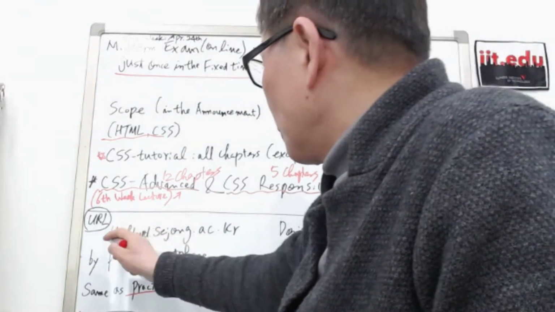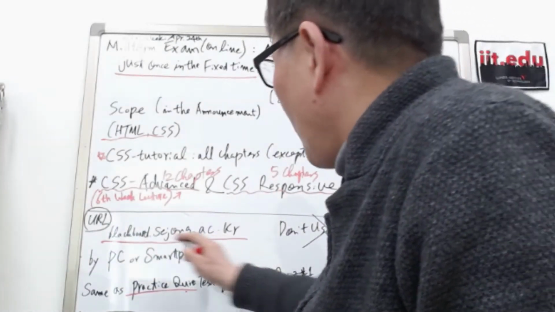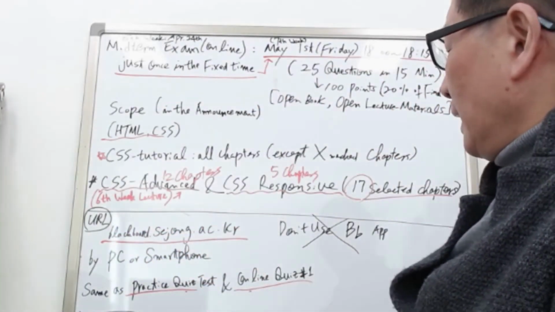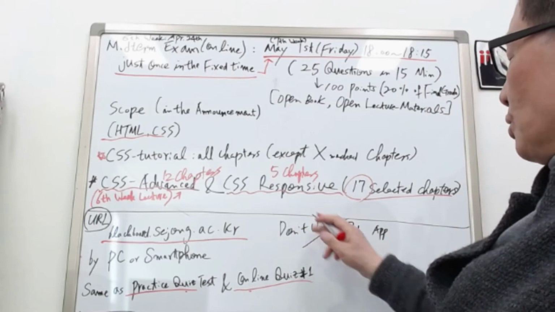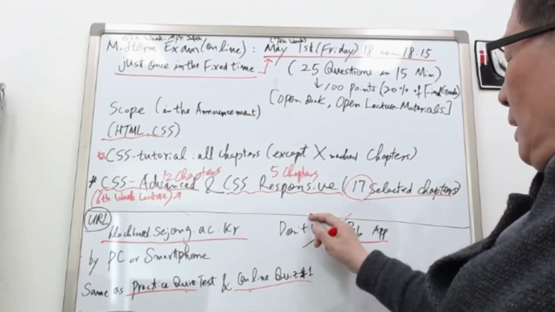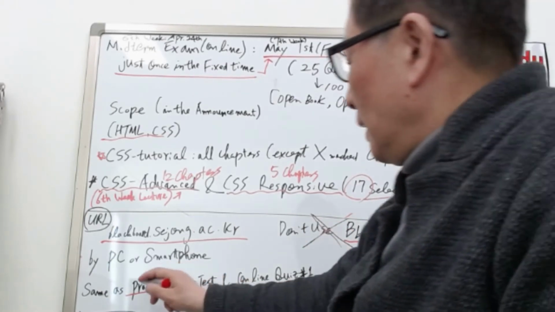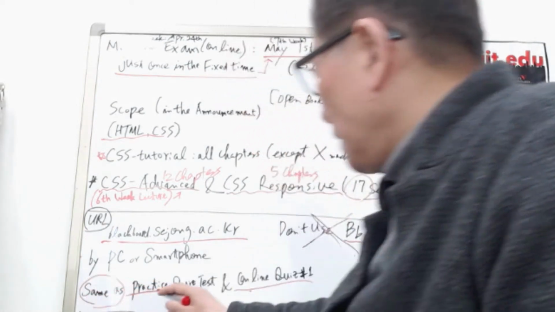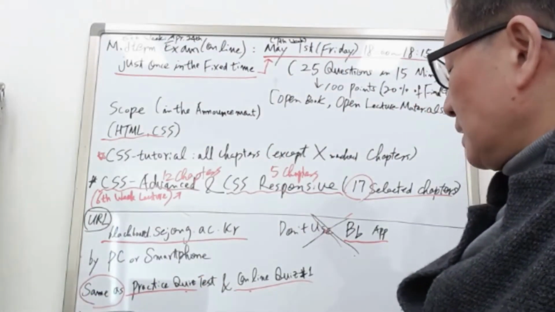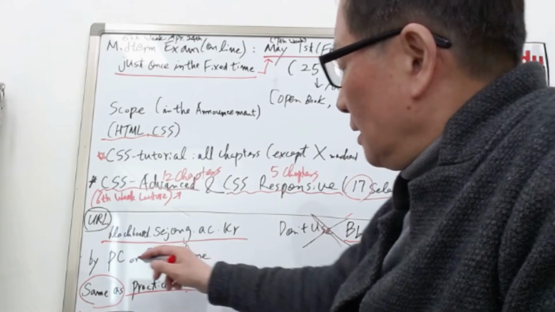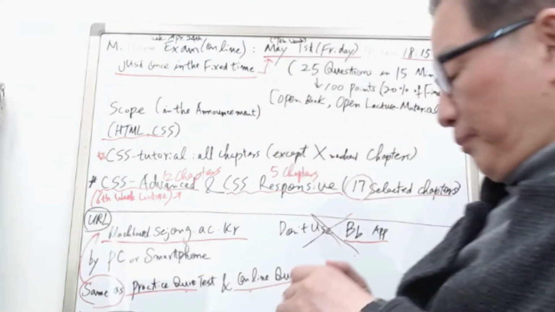And you should use this Blackboard URL, blackboard.sejong.h.kr. Please do not use the Blackboard app. It is exactly the same as you did already for the practice quiz test and online quiz test.